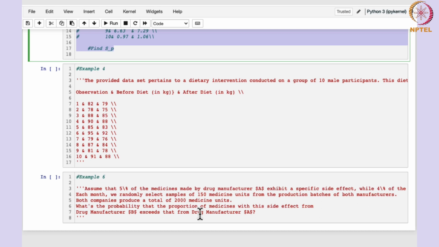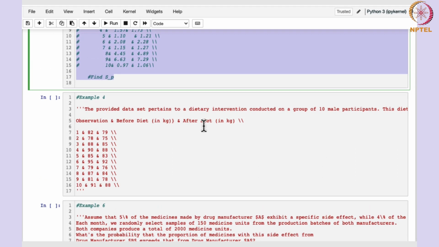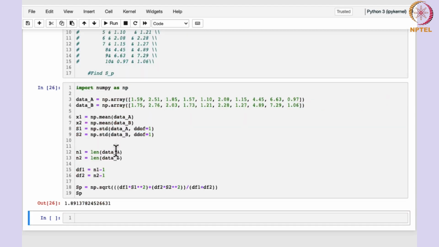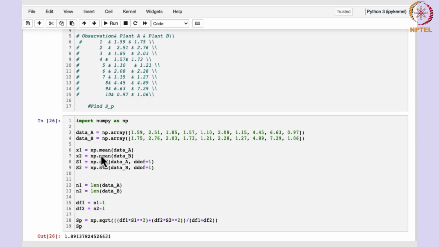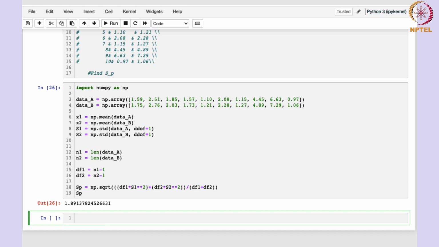And finally you can calculate the p norm. So for any given problem, you can write the code as I have just explained the process. These are the basic steps that you need to follow. Thank you.